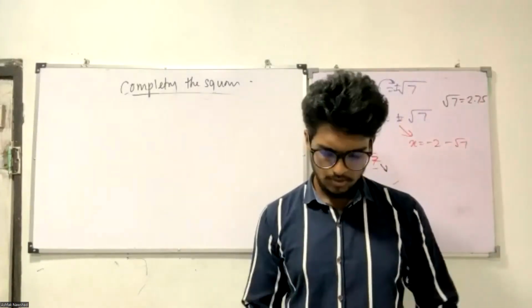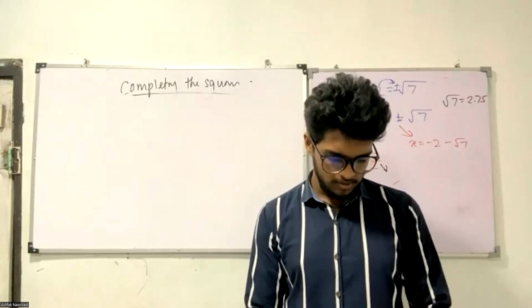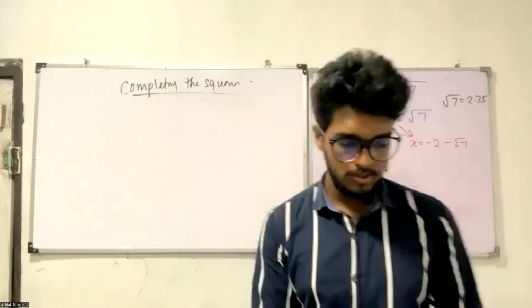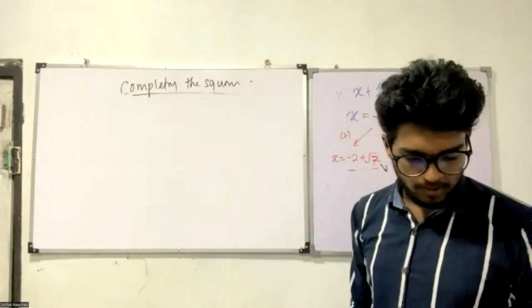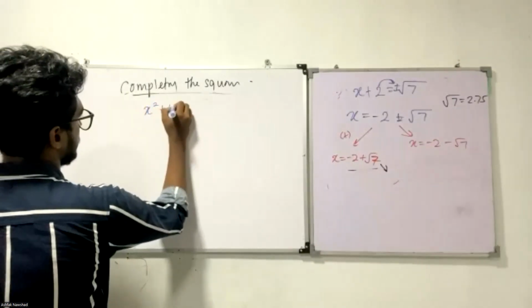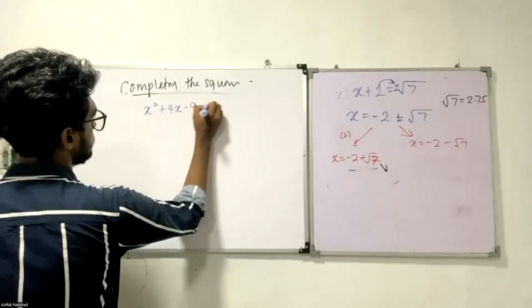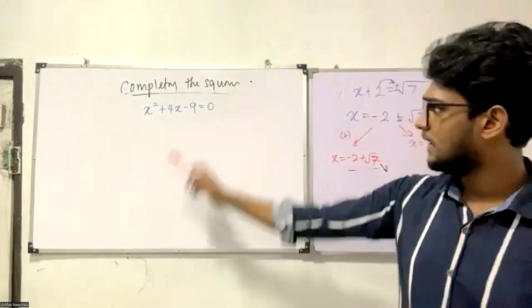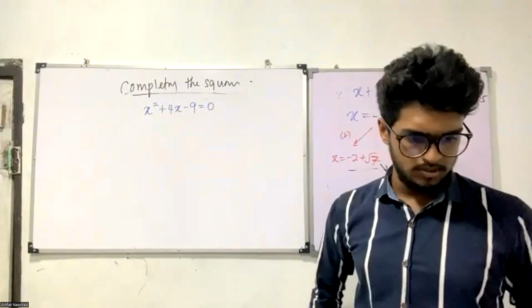Okay, let's see the question in the tube. Page number 4. Use completing the square to find roots of x squared plus 4x minus 9 equals 0.